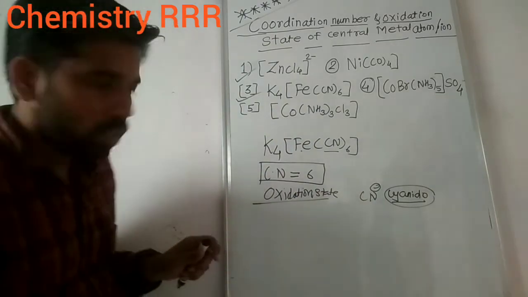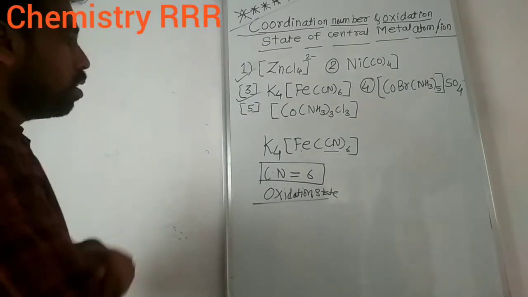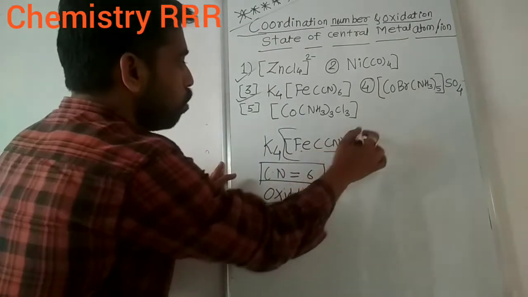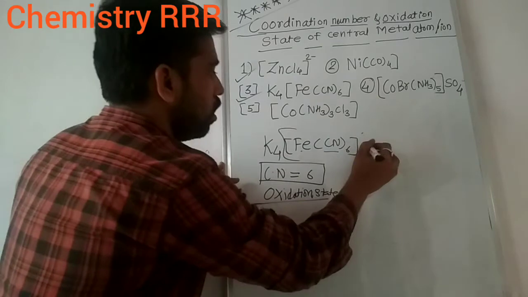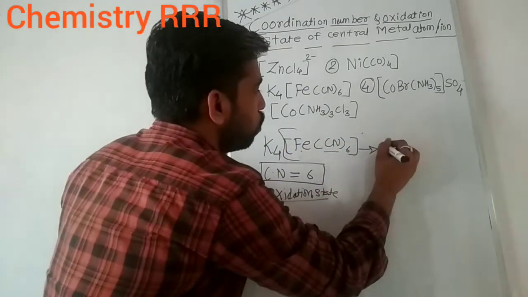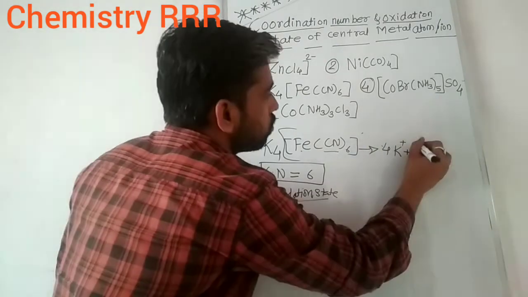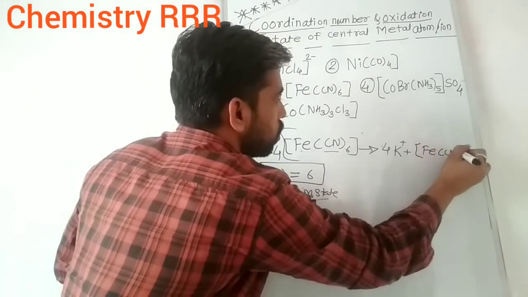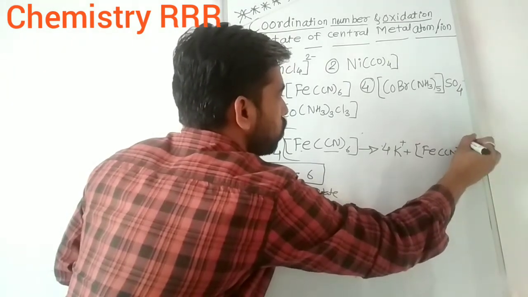Now let's find the oxidation state. For this complex, first dissociate it like this, only for our understanding. This complex dissociates into 4K+ and [Fe(CN)6]4-.